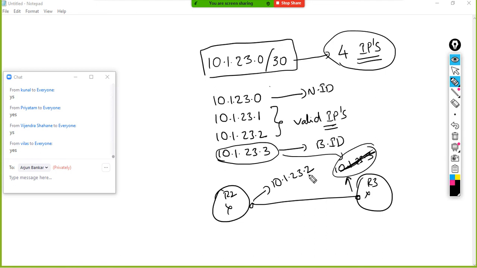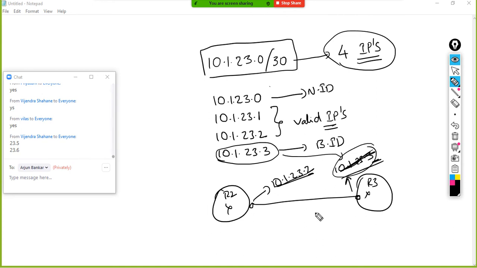But I want to give 2 and I want to use 3. In that case, what are you going to do, guys? I don't want to change that. I don't want to use 5 and 6. I want to use 10.1.23.2 and 10.1.23.3. I want to use the same IPs for this interface.